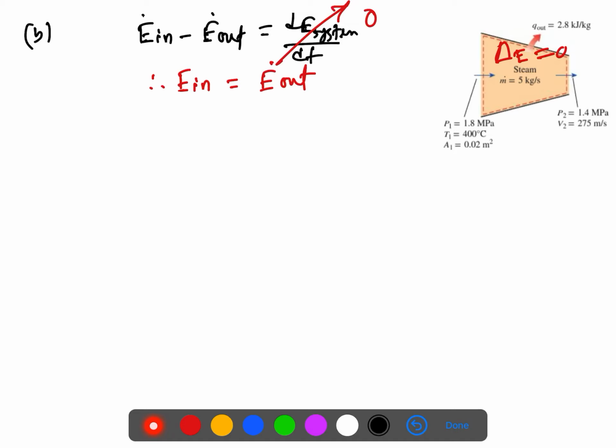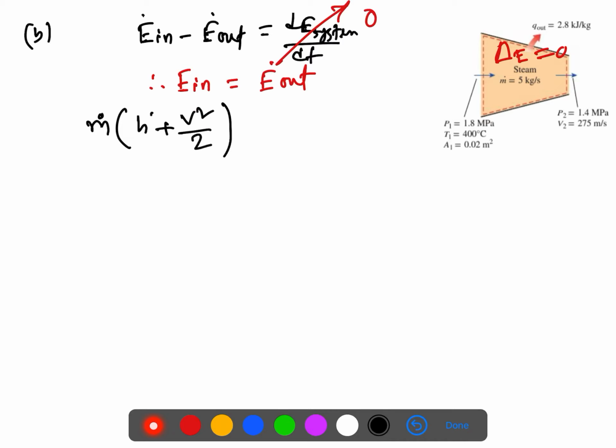I don't want to write down the whole equation again, so let me write the final term for the inlet. It will be m times (h + V²/2). We can write this from the energy balance equation.